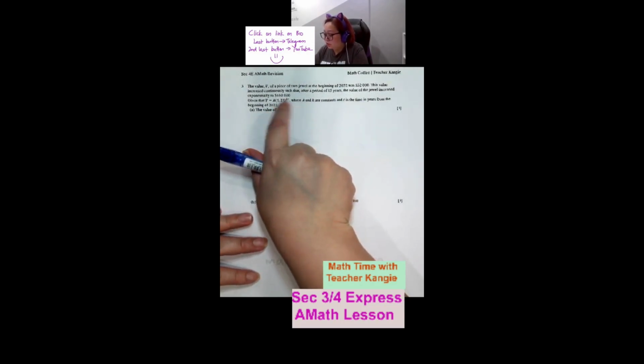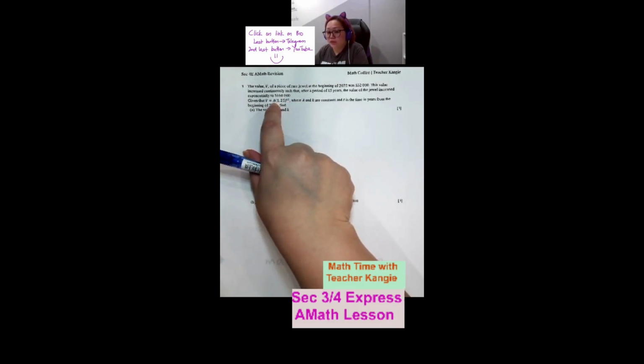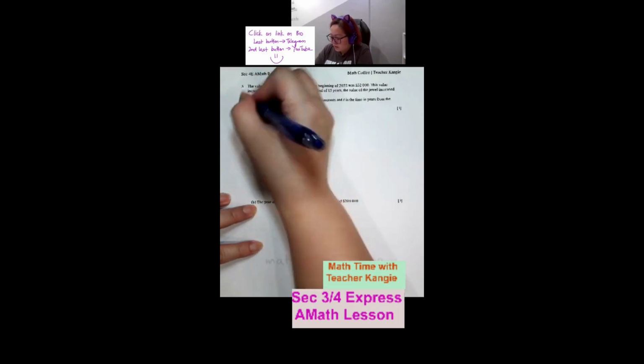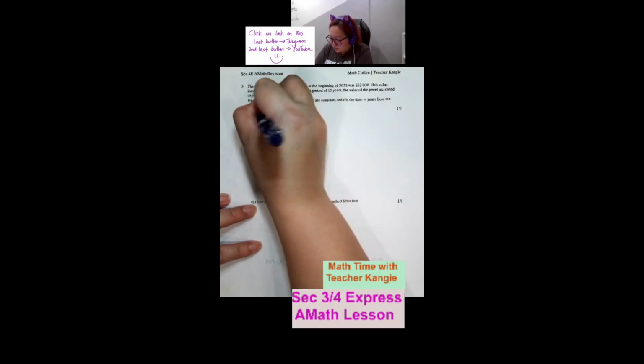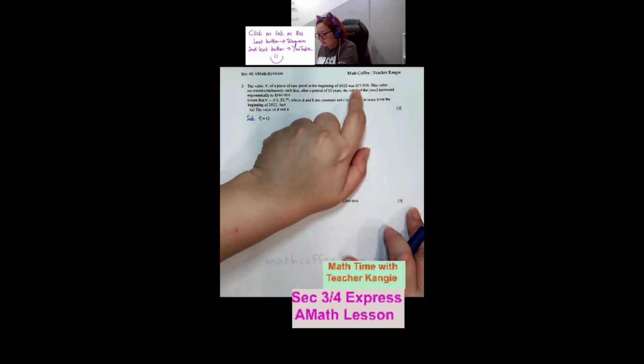A is in front of here. To find A, actually all you need to do is sub T equals to 0. Substitute T equals to 0. Why 0? It's because you want to find the initial value. Actually, we already know it because it's here. But no, actually this one cannot.